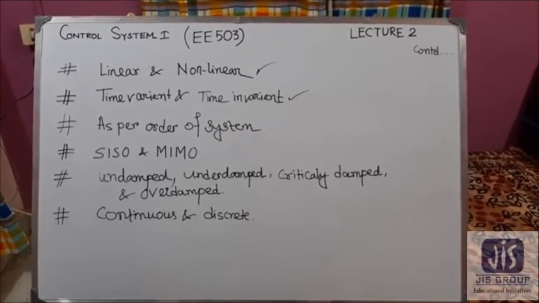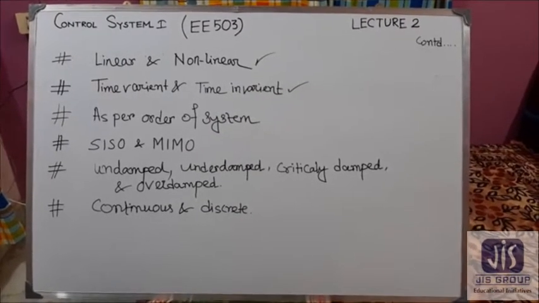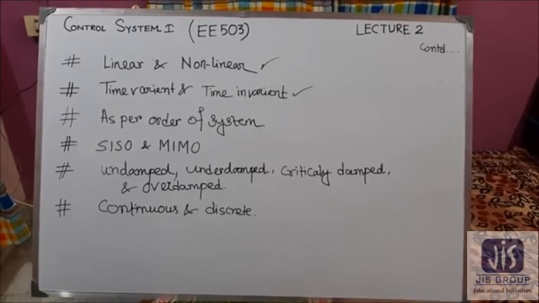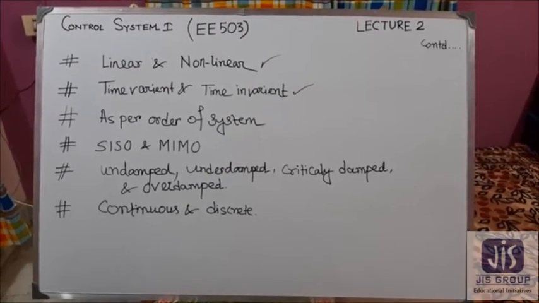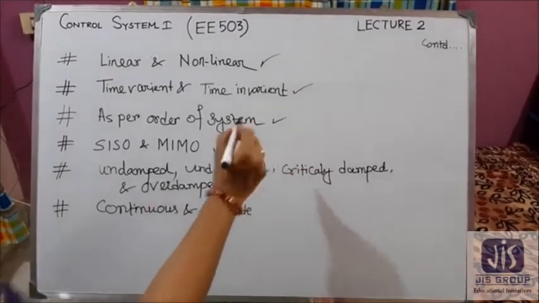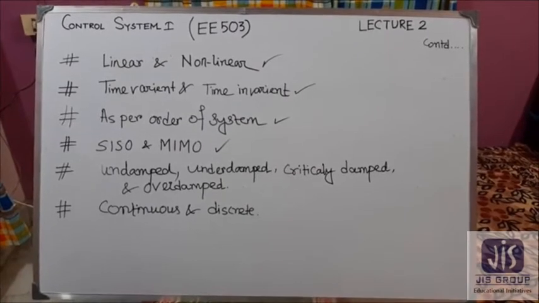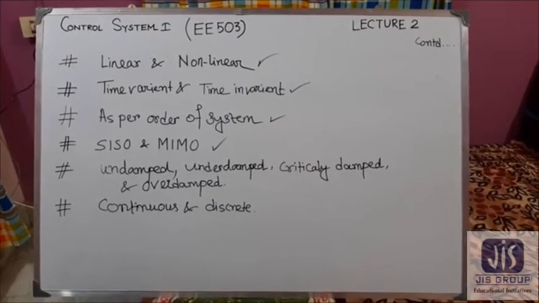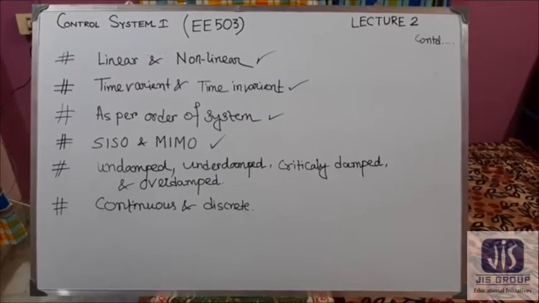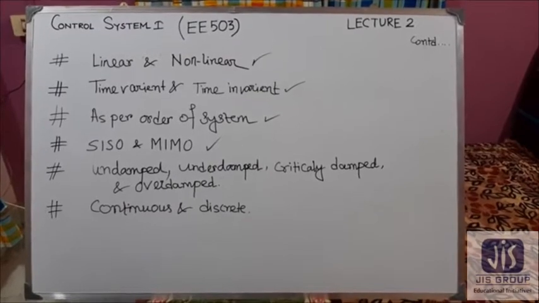As per that we can divide the system into first order system, second order system, like this, or maybe nth order system. And the next one is SISO and MIMO, that means single input single output, and multiple input multiple output systems. So depending upon the number of inputs and outputs, we can classify in this way.